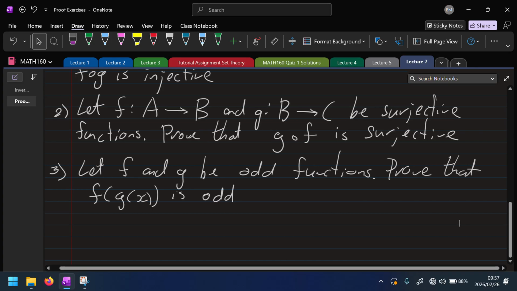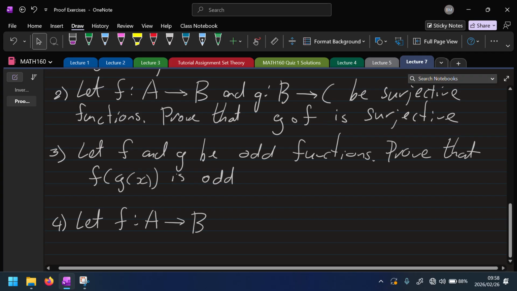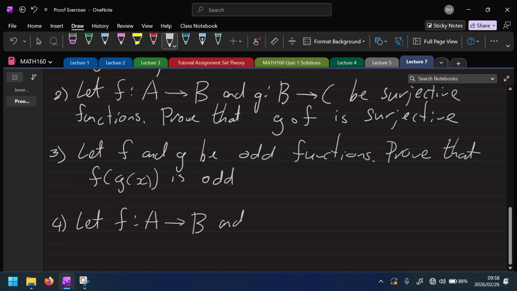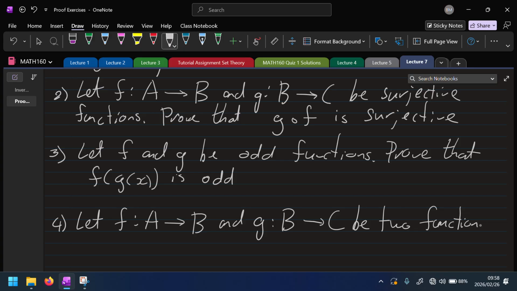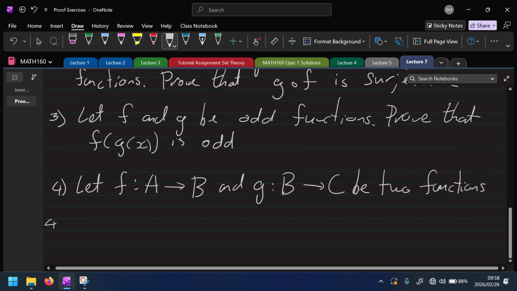Okay, so number 4. Let f from A to B and g from B to C be 2 functions. Okay. So I'm not saying what they are, they're just 2 functions. 4.1.